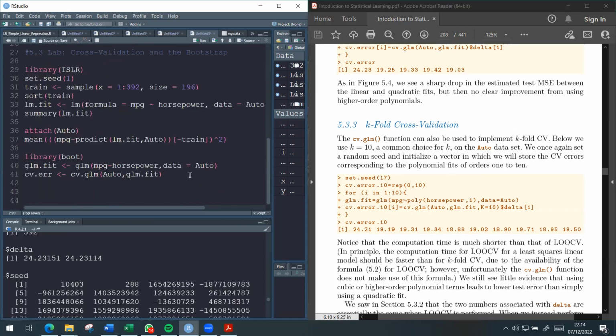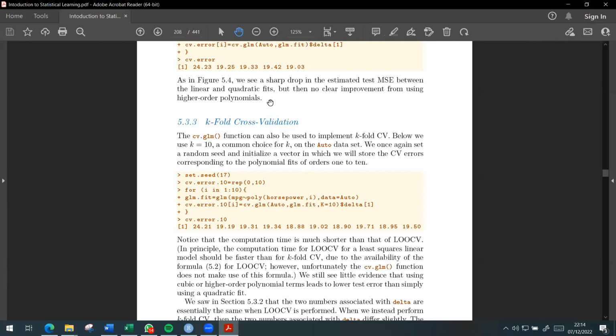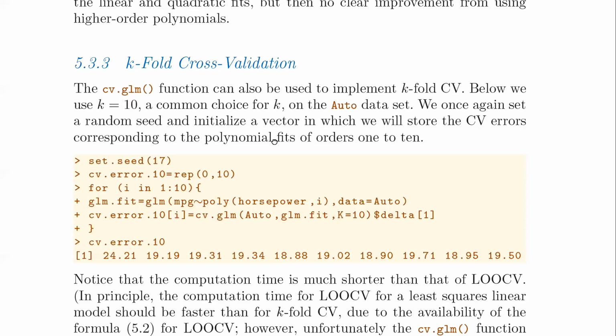So I wouldn't be surprised if, when we type the help for cv.glm, yes, look, the default K, if you don't specify a K, is just n, n being the number of observations. Whereas instead of partitioning into n partitions, you're going to partition into 10 over here, because you're saying K equals 10.